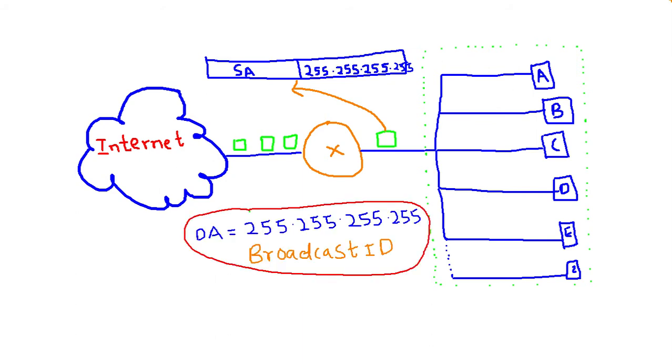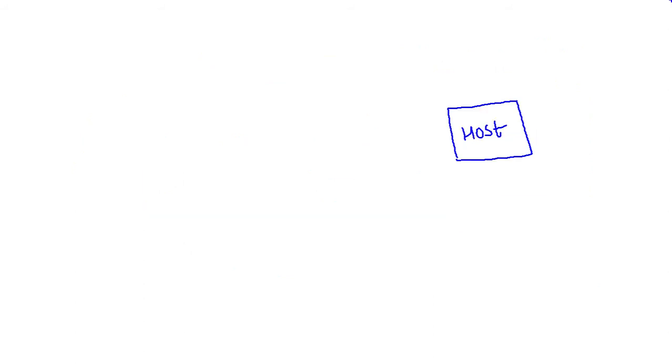What does that mean? It means that a copy of these packets will be forwarded to all the hosts in the subnet. So that's what broadcasting means. You send these packets to all the hosts in the network.